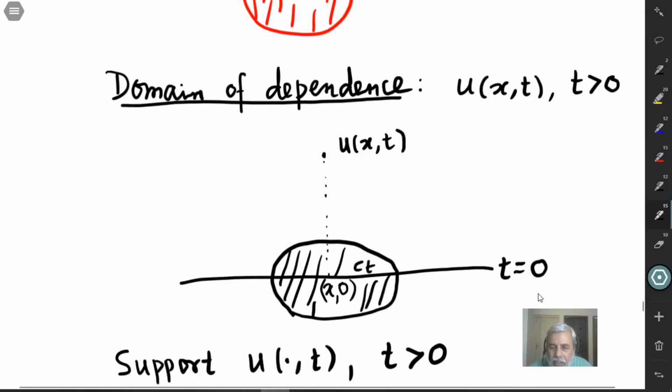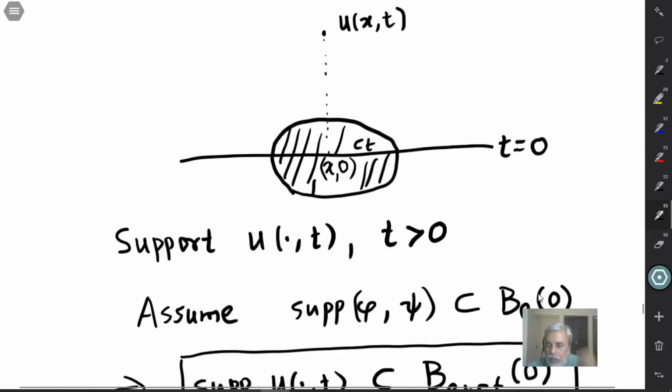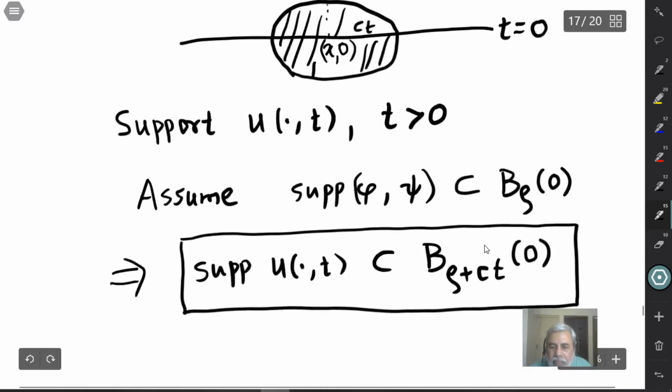A simple physical situation depicting this two-dimensional wave propagation.